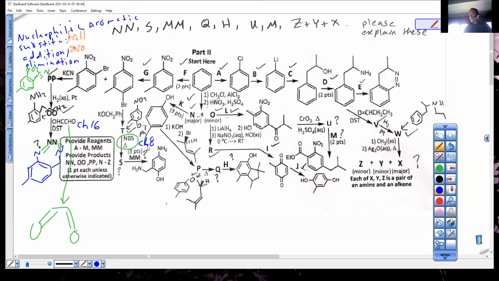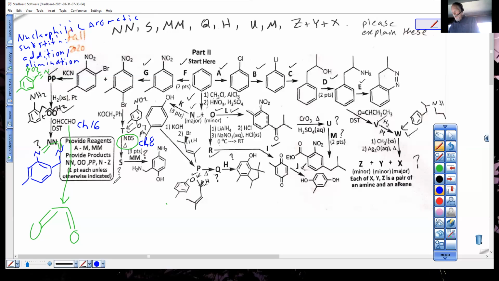And in this molecule, I think you should be thinking about benzylic. That's a carbon one away from a phenyl. And you've got it. It's right there. So molecule T is this. And it's going to put a bromine there.